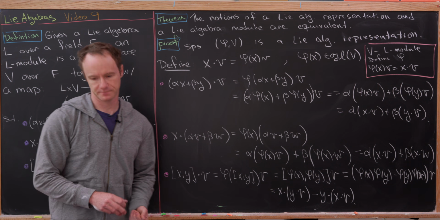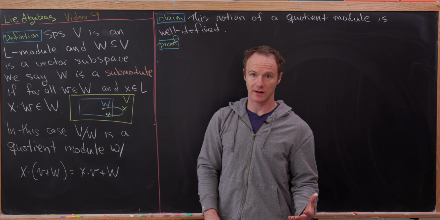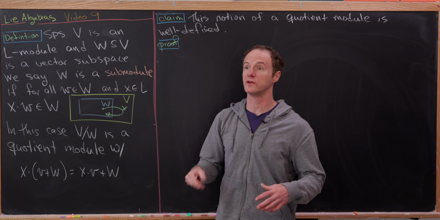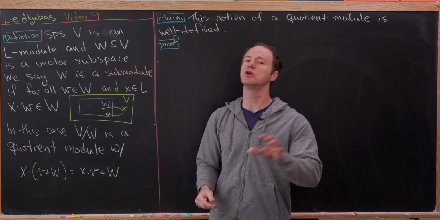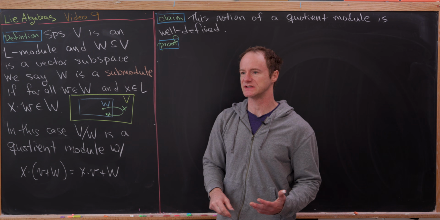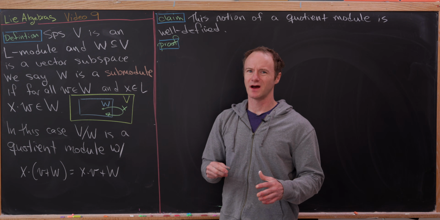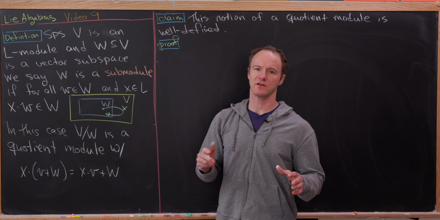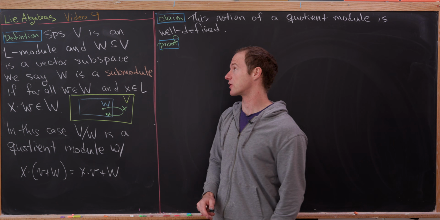Okay, let's move on. Now we want to look at sub-objects within the world of modules, and you could push this to sub-representations as well, although I think it's a little bit better to think of them as submodules. It's cleaner.